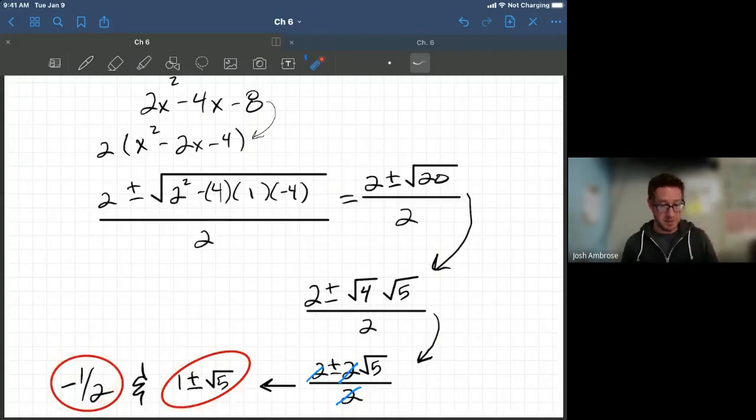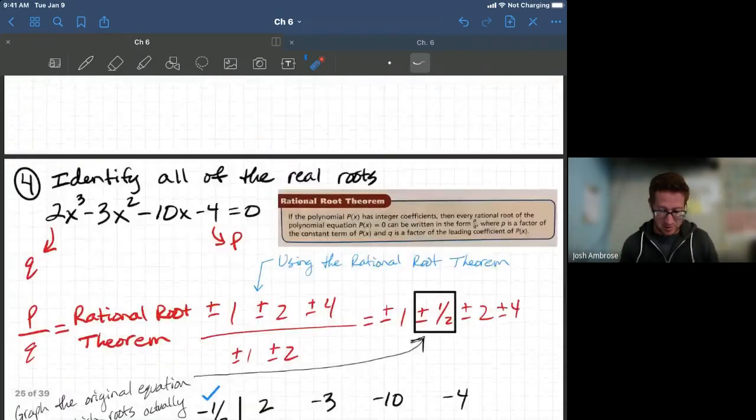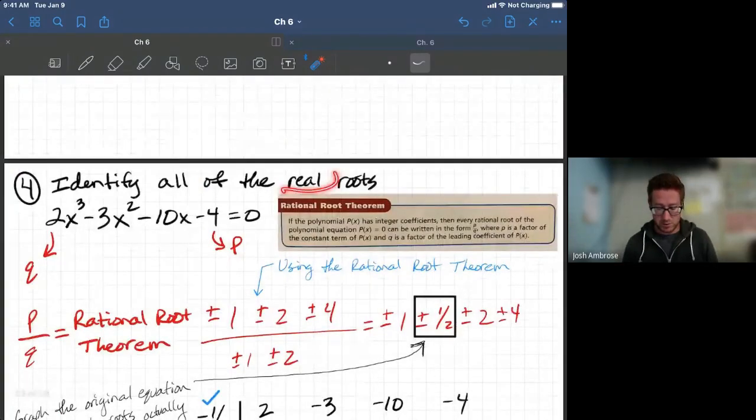Now you'll notice -1/2 is there. We determined that that really was an actual root. The graph proved that, but the graph did not prove this one right here. There was another root. That was the whole purpose of all of this, to identify all of the real roots.